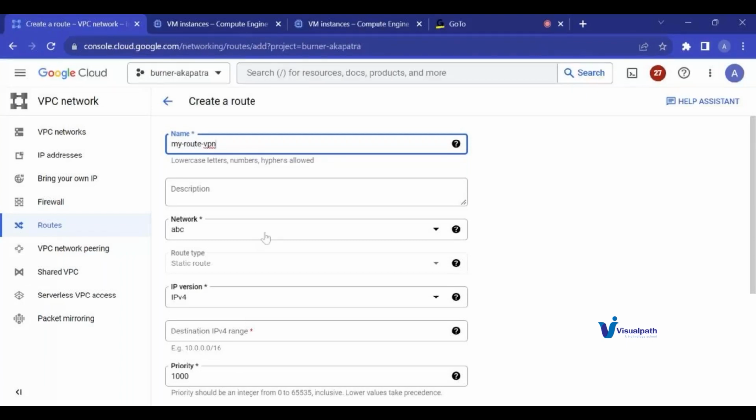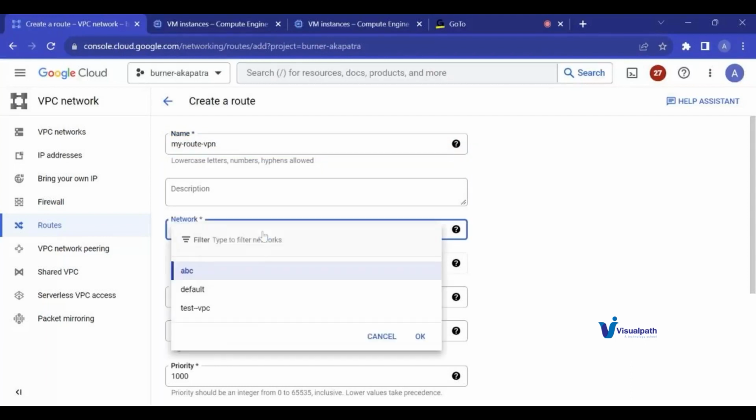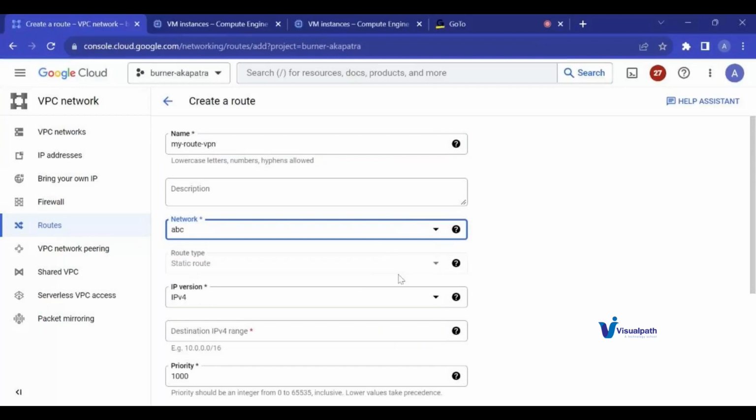Then you select your network, that means your VPC, under which VPC you want to set that up. Now this becomes the important part: if you want to do a static route or a policy based route. If you want to do a policy based route, you have to have your Google API enabled for your VPC network.